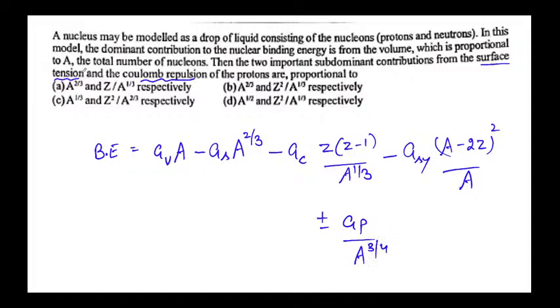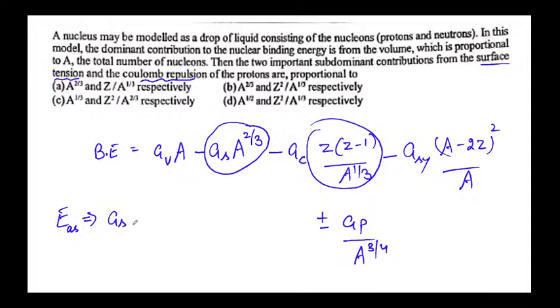Now what has been asked is the surface tension, which is the term related with surface energy, and Coulomb repulsion, that is the Coulomb energy term, and what their relation is. The binding energy related with surface tension is equal to A_S times A^(2/3).